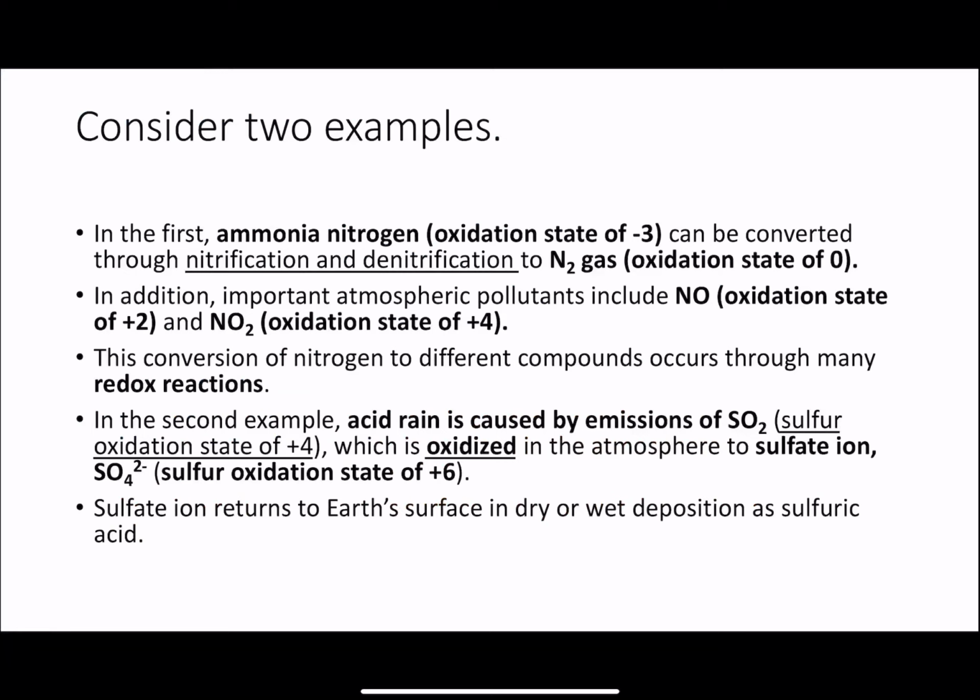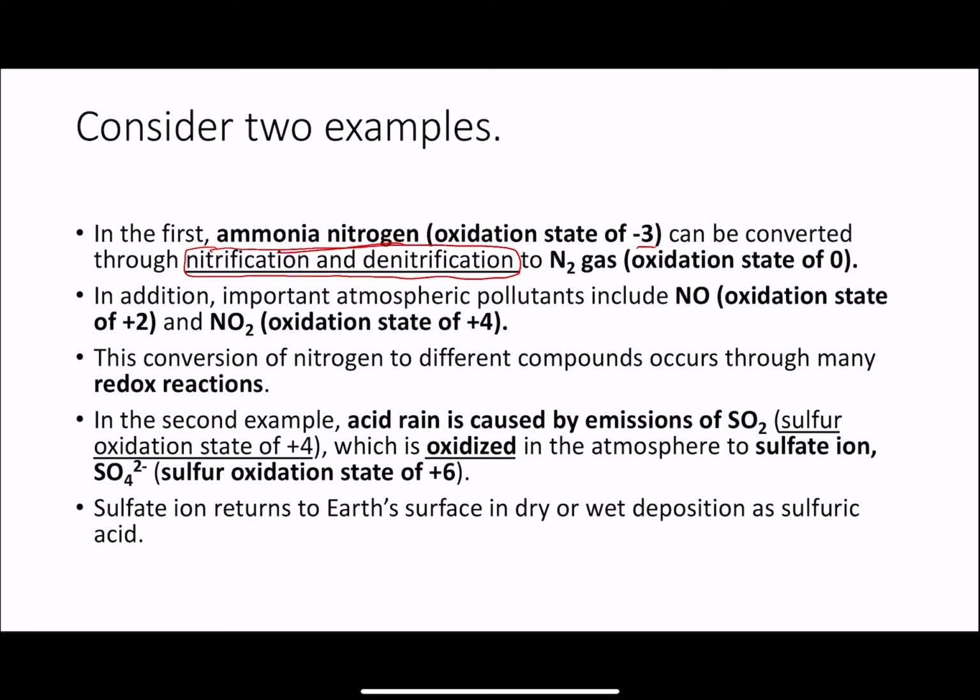So there is a lot of oxidation and reduction. For example, ammonia nitrogen has an oxidation state of -3. This can be converted through nitrification, a process we will see once we come to biological treatment.